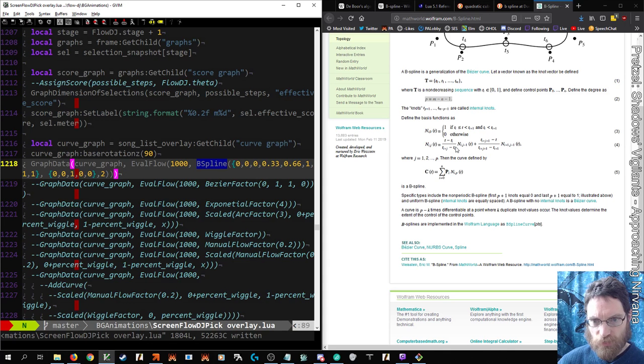So the straight up non-optimized calculation is t minus ti, over ti plus k minus 1 minus ti.